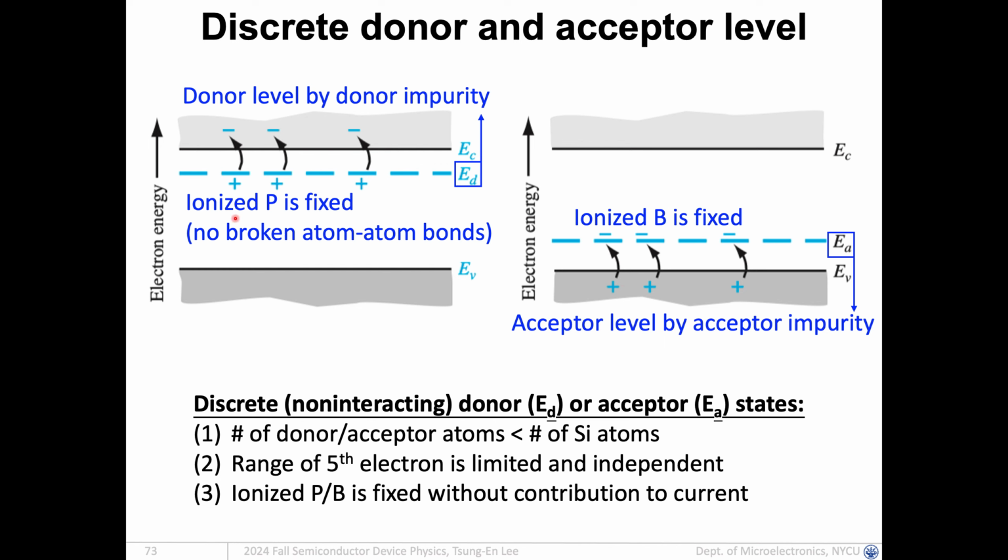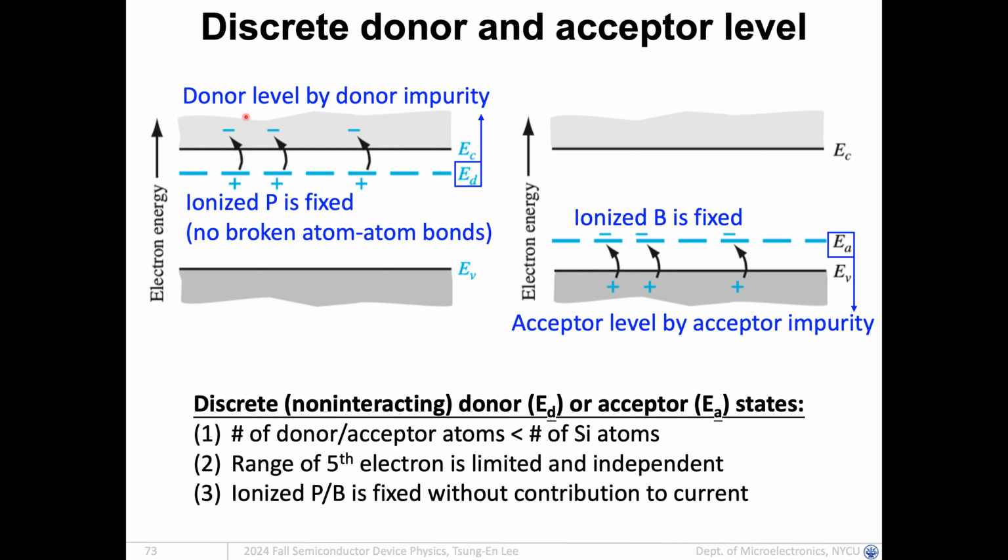Again, as I mentioned above, the reason why we plot the donor or acceptor state energy level in a discrete way is that there's no interaction between the phosphor or boron atoms. The number of donor or acceptor atoms is much less than the number of silicon atoms, and the 5th electron of the phosphor is limited.